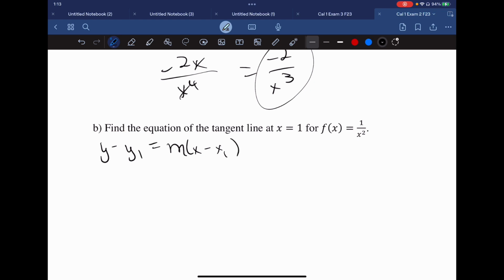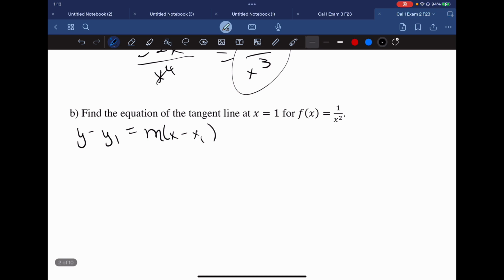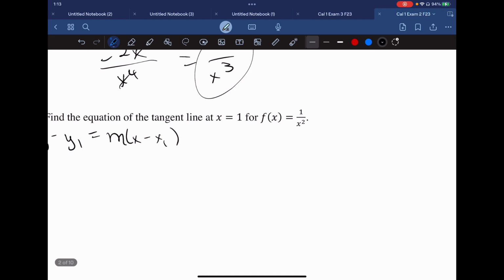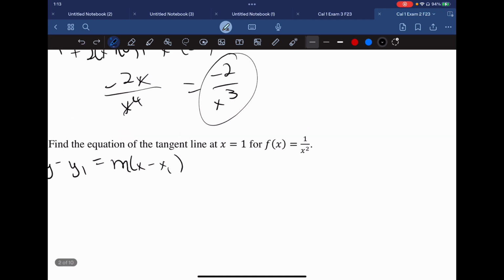But we have x1, we don't have y1, and we don't have the slope yet. To find slope, we need to find the derivative of this, and we got that already from the previous part, so f prime of x is equal to negative 2 over x cubed, right?